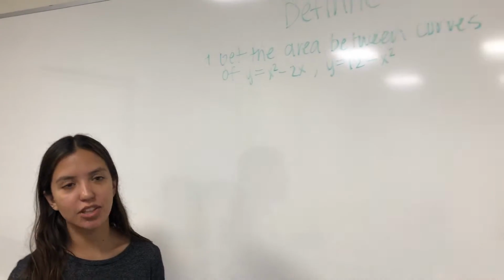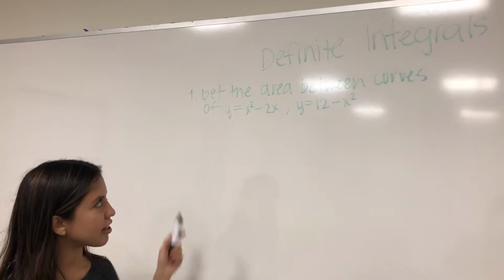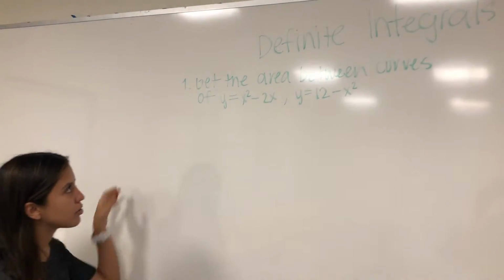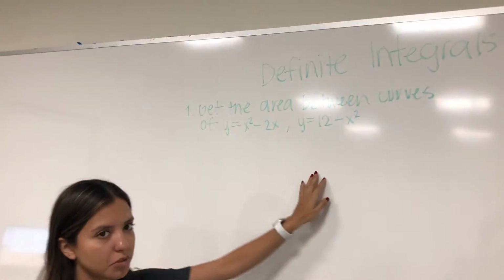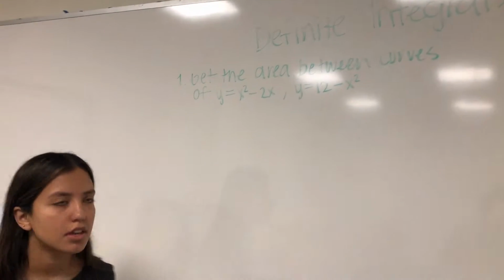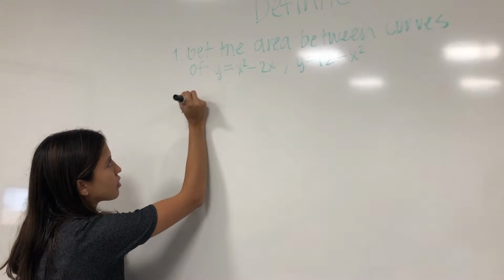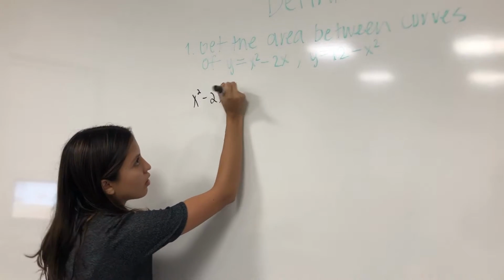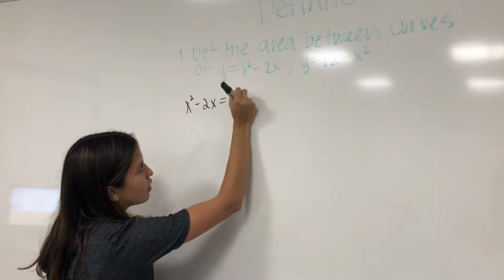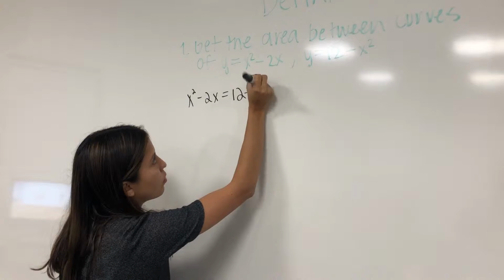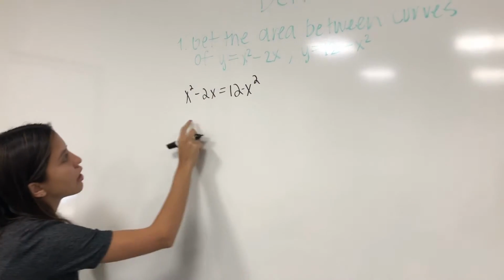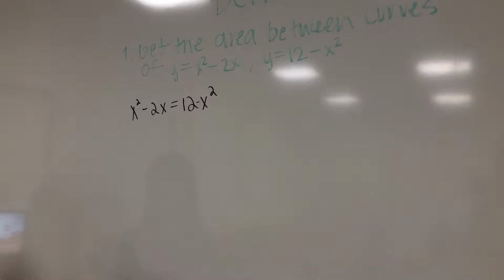My name is Ana Ceci, and today I'm going to explain definite integrals, and I'm going to do this problem that is to get the area between the curves of these two functions. So first you need to put the two functions equal so you don't have any y's and you can get the x-intercepts.